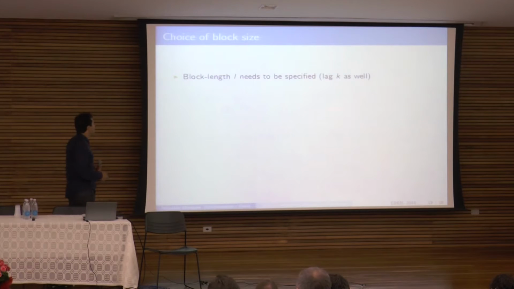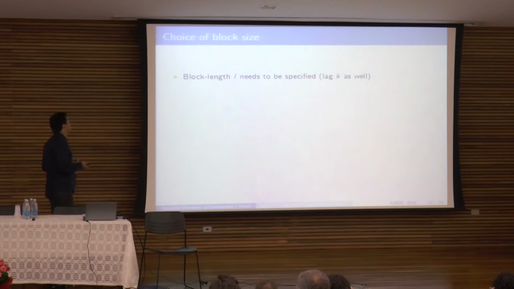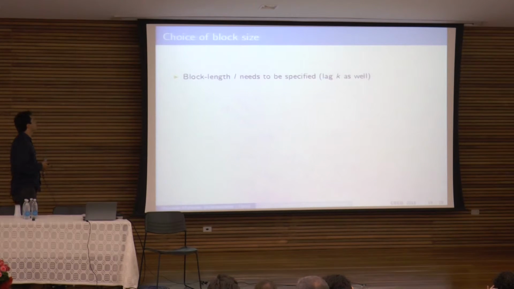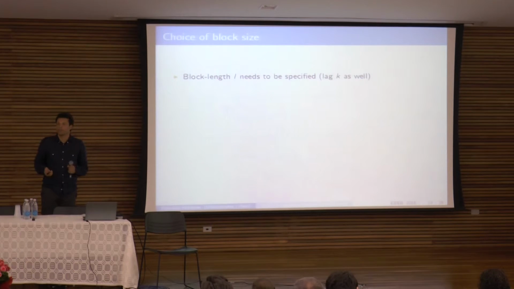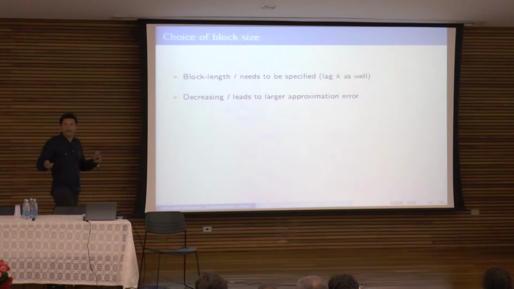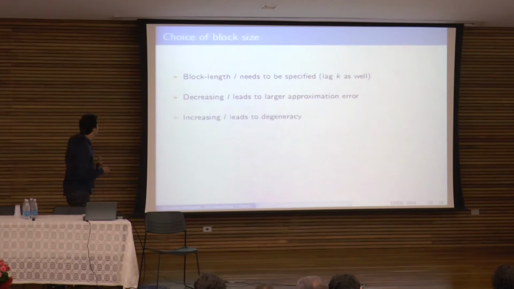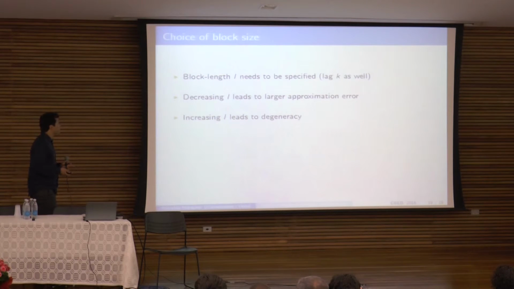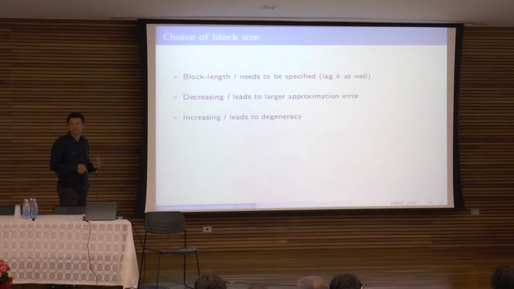In this method, of course, I introduced one tuning parameter, the size of the block. So I have to specify L, s k as well, if you use the lag. And then if you remember, decreasing L means the more blocks that you create, the more error you create. However, if you increase L, you get back degeneracy.